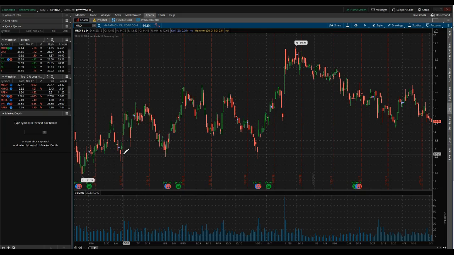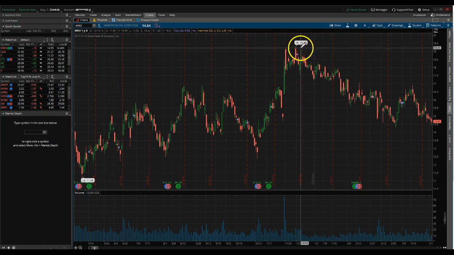We see that MRO is in a pretty decent upward trend, but more so channeling between $11.50 and $16 for about 7 months. So you see here that you can continue to see different trading ranges as the stock moves.